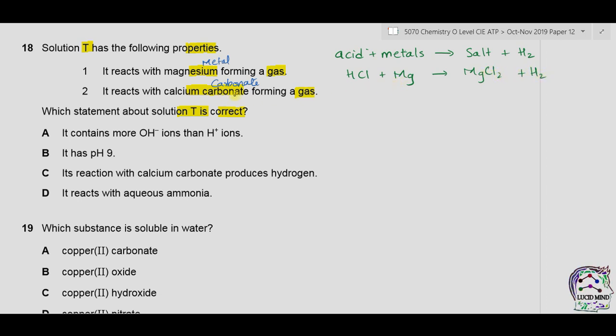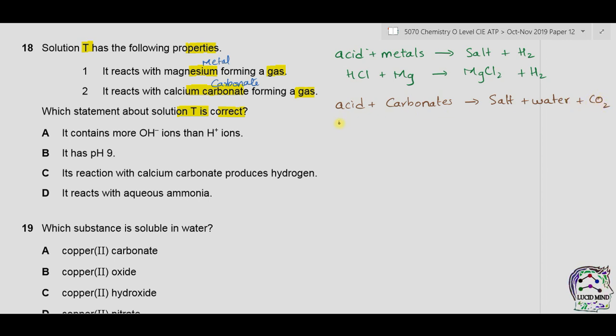We also know that acids can react with carbonates to form gas. So acids plus carbonates form salt, water and carbon dioxide gas.